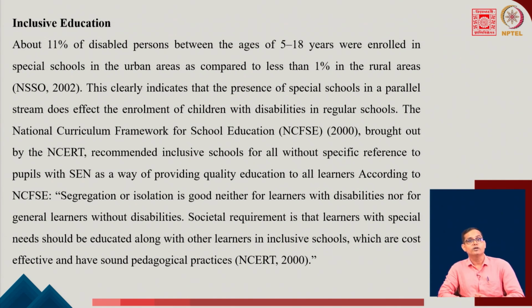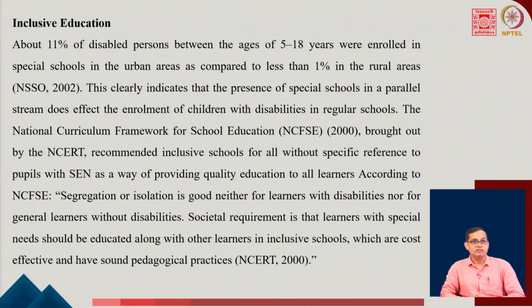The National Curriculum Framework for School Education 2000, brought out by NCERT, recommended inclusive schools for all, without a specific reference to people with special educational needs, as a way of providing quality education to all learners including children with disabilities.